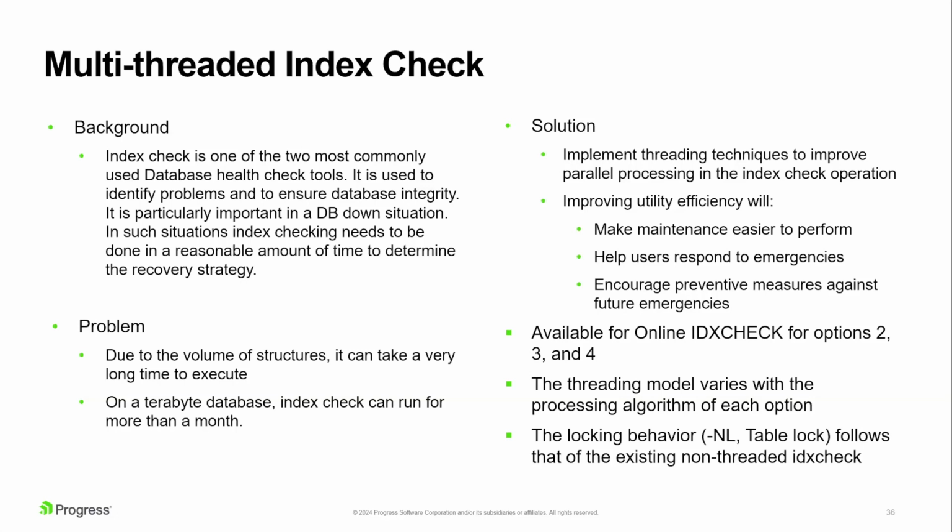The threading model will vary with the processing algorithm of each of these options. And we've also found that the locking behavior, either -no lock or table locks, will follow pretty much consistently with the existing non-threaded index check. So what we're really saying here is that threading index check does not interfere with the locking behavior.